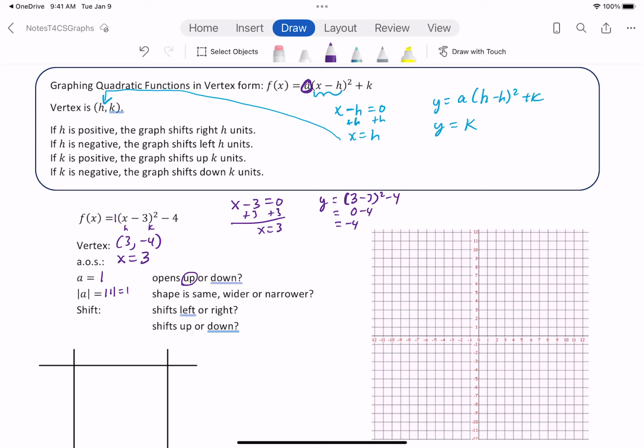So if a is equal to 1, then it is the same width as the parent function. So remember, if the absolute value of a is bigger than 1, it is narrower. And if it's less than 1, it's wider. So if it's equal to 1, it is the same.